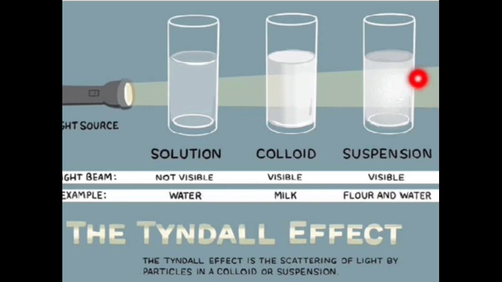Again, you are watching that in suspension, the path of light is visible. This again shows that the solute particles which are suspended in this solution are big enough to scatter the beam of light. It means a true solution does not show the Tyndall effect, colloid shows the Tyndall effect, and suspension also shows the Tyndall effect.